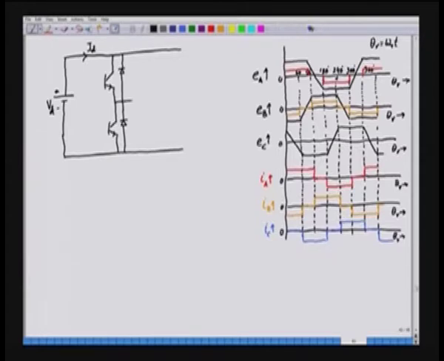This is for phase A. Similarly, for phase B, we have another leg, for phase B of the inverter feeding the phase B of the motor, and then we have the C phase.